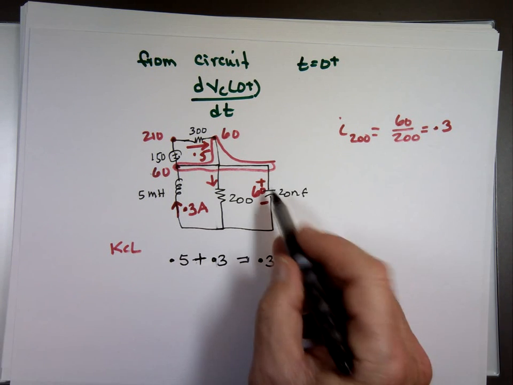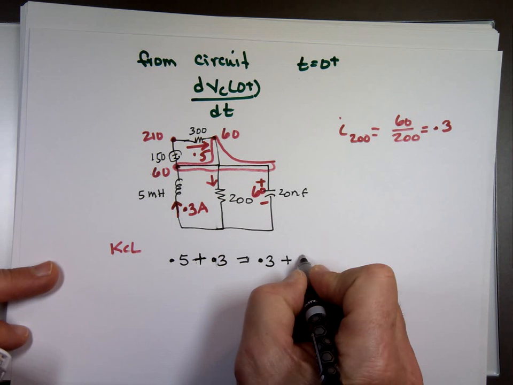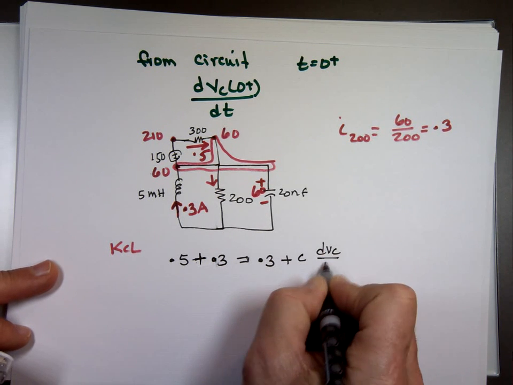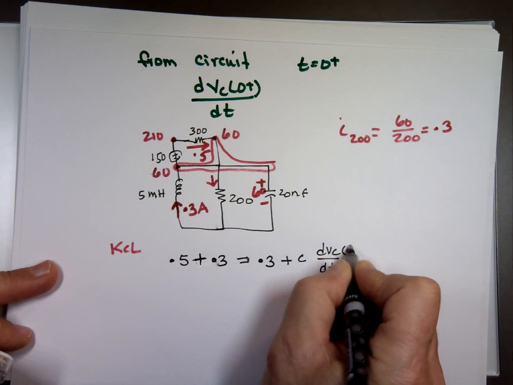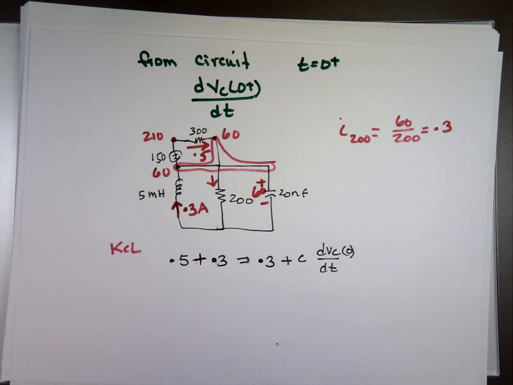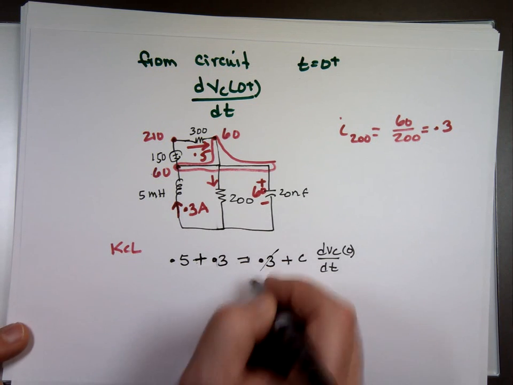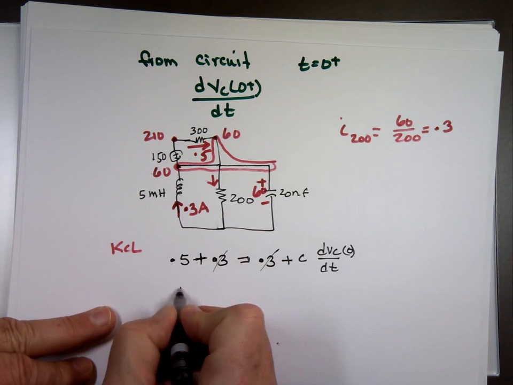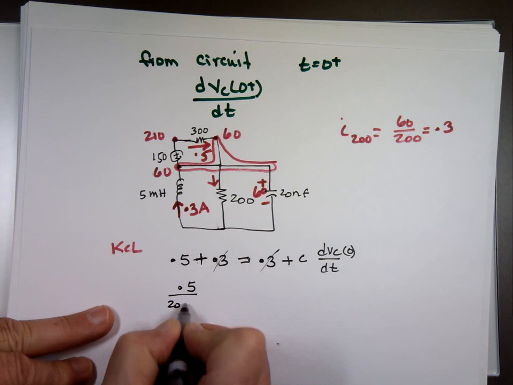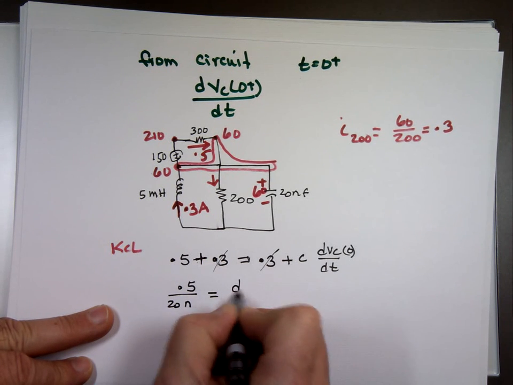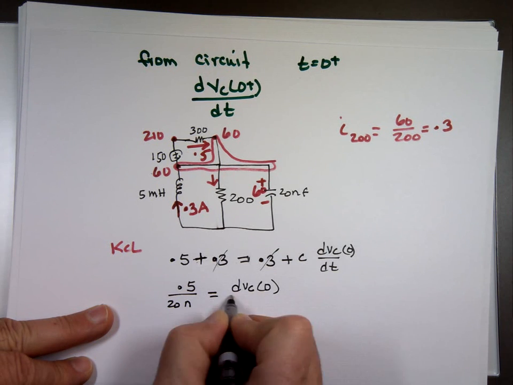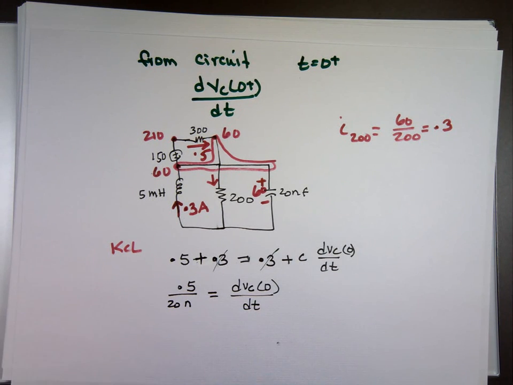I equals C dVc/dt. The 0.3 cancel each other out. 0.5 divided by 20 nanofarad equals the derivative of the voltage across the capacitor, which is 25 million, I think.